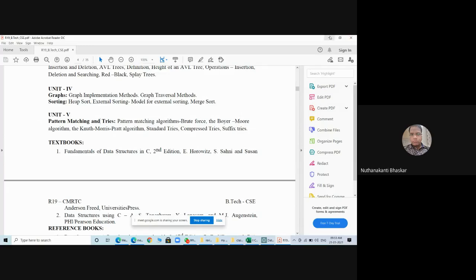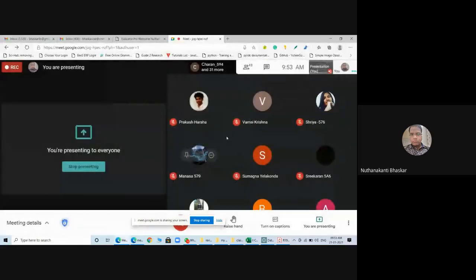Now, before starting the topics in your syllabus, first of all, we must know what pattern matching is. First of all, we must know what a pattern is. Can anyone tell what a pattern is? In general words I am asking, what is a pattern? You can tell the general meaning, general definition, general observation.